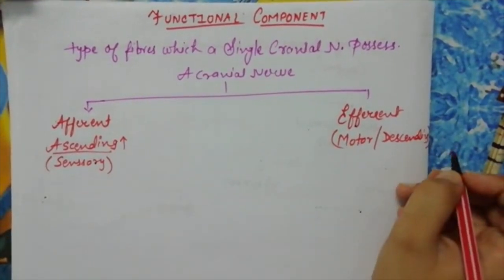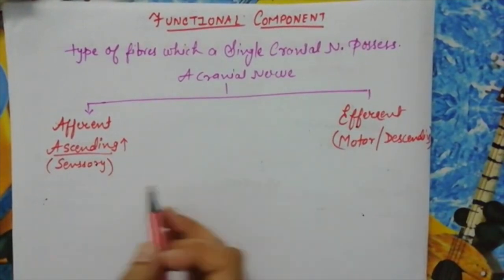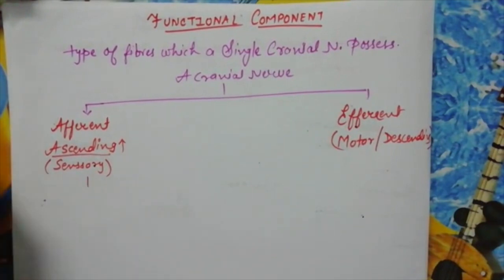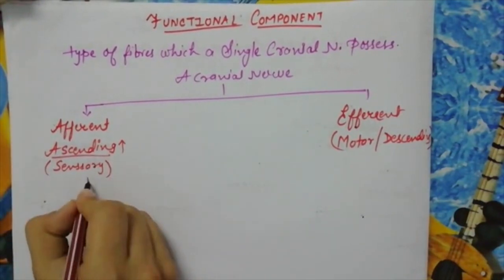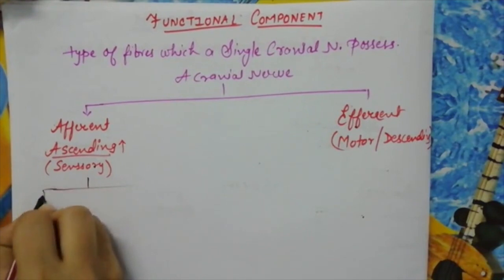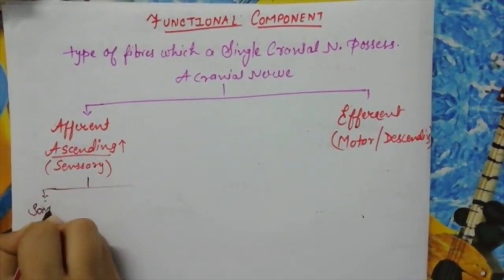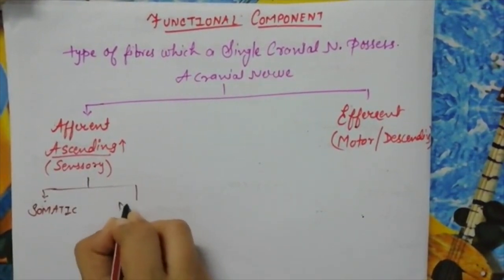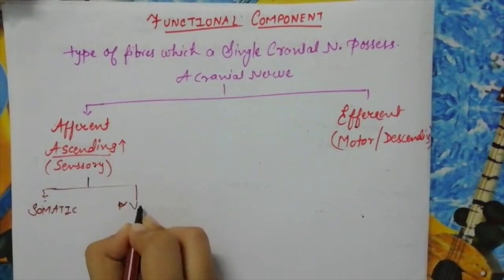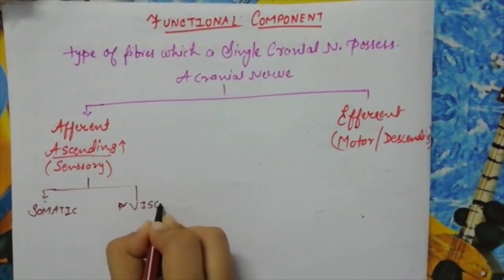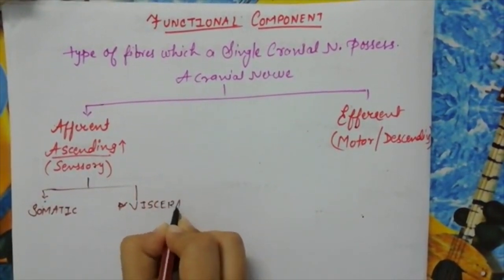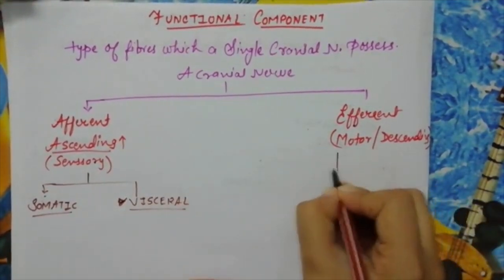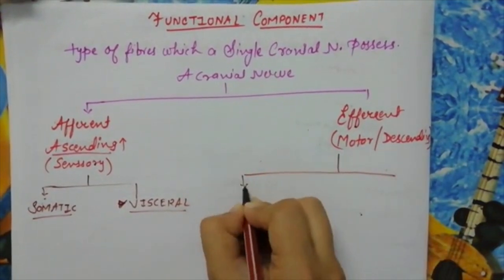Fine. So these afferent and efferent are further divided into somatic and visceral. Let's use a different color. Somatic and visceral.